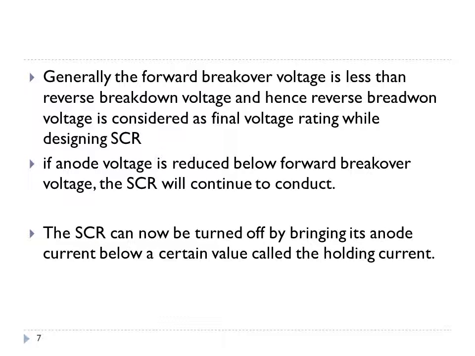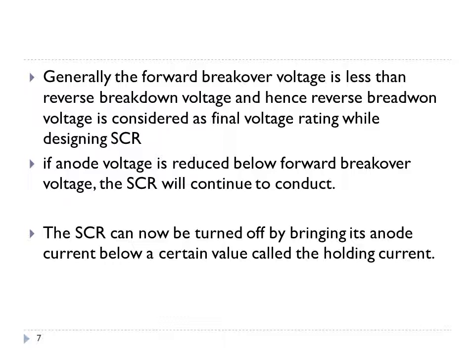Generally, the forward breakover voltage is less than the reverse breakover voltage, and hence the reverse breakdown voltage is considered as the final voltage rating while designing the SCR. If the anode voltage is reduced below the forward breakover voltage, the SCR will continue to conduct. The SCR can be turned off by bringing its anode current below a certain value called the holding current.